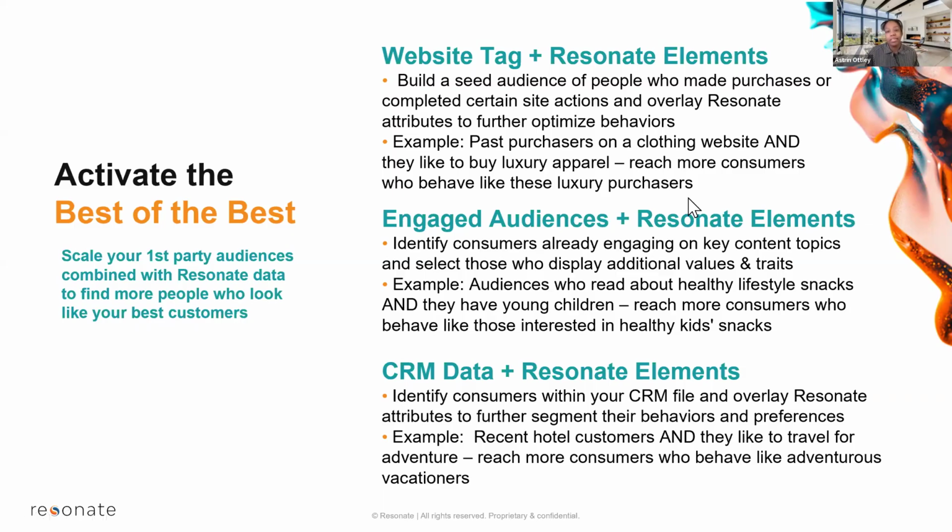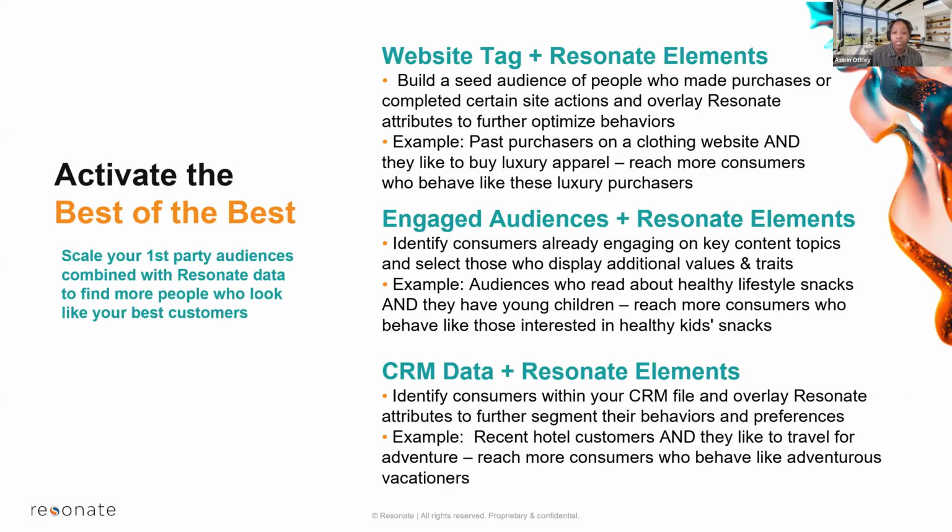Key example here, maybe you're working on an audience that's reading about healthy lifestyle snacks, and then they have young children. You can reach more consumers who behave like those who are interested in healthy kid snacks by using those engaged audiences and Resonate attributes. Lastly, you can use the method with CRM data and Resonate elements.